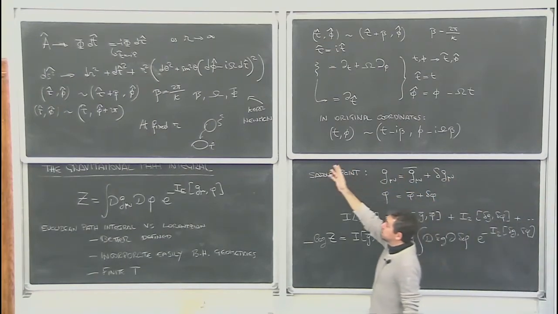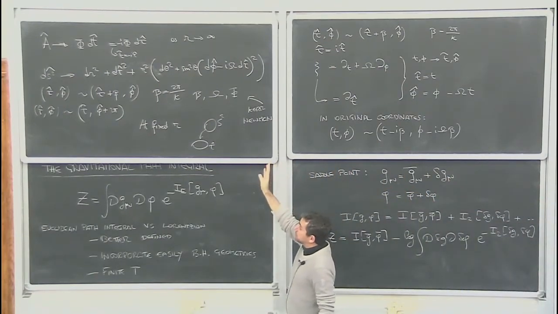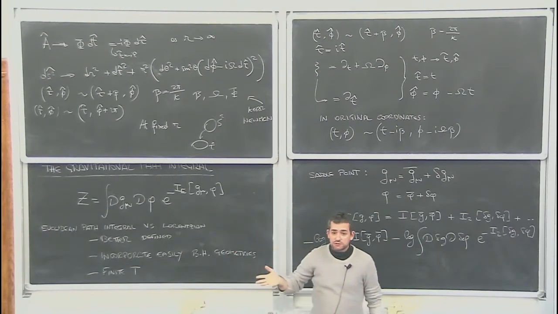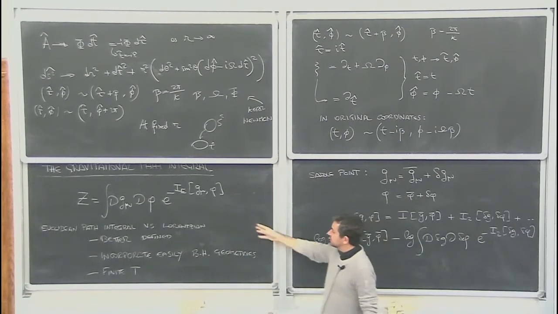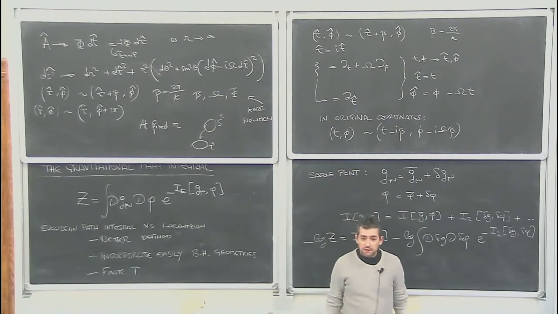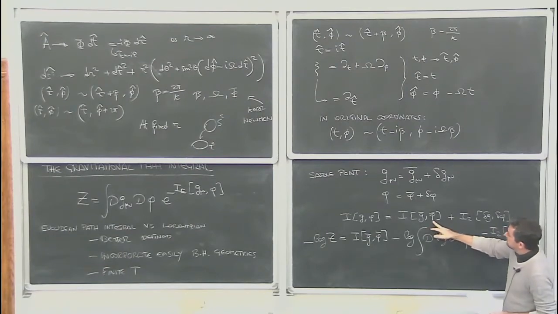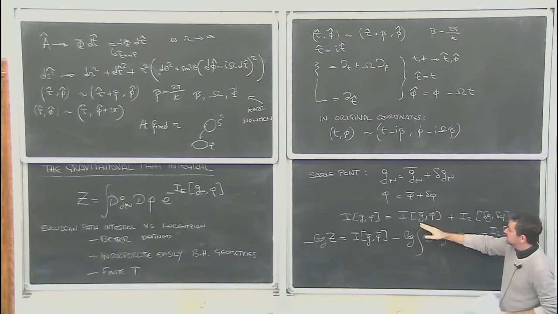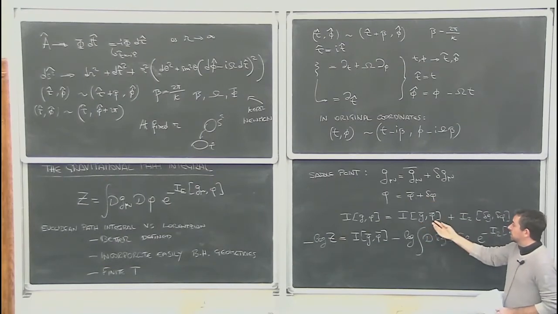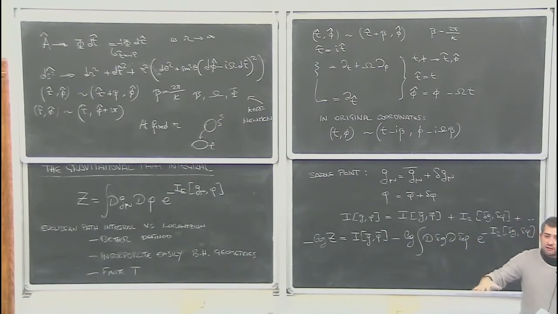I was saying, okay, we want to impose regularity condition for a solution that solves the equations of motion. This is the reason, because it's the saddle point of the gravitational path integral. So here I have fixed the other fields too, but in some situations it makes sense to fix the metric, as we have done, and fix the background gauge field and allow some other dynamical field to fluctuate.